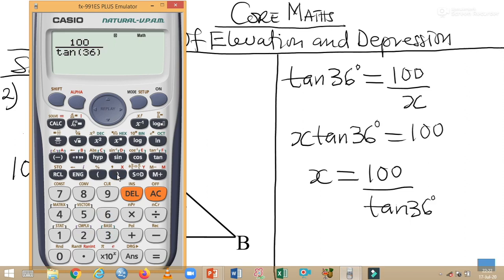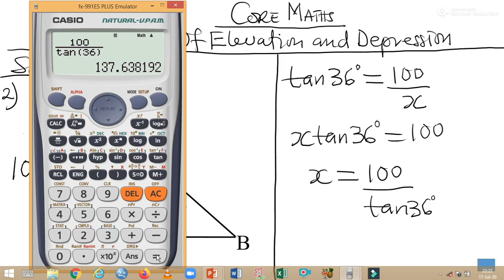So let's close it. So we have 100 as the numerator and tan 36 as the denominator. Good. Right. So here we are getting 137.638192.